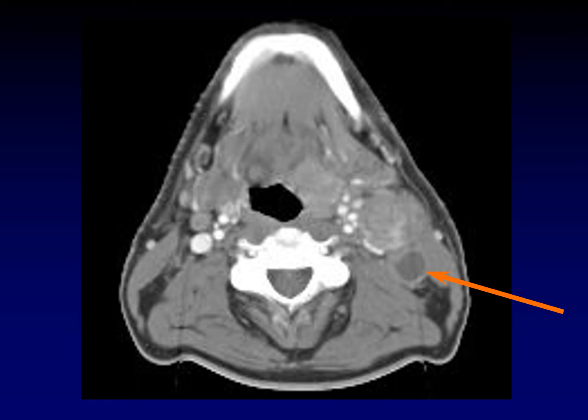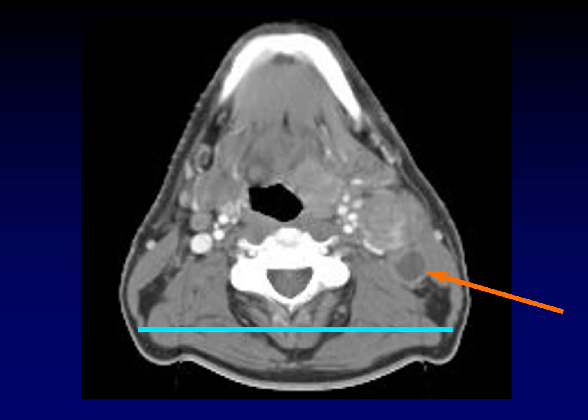How about this guy? He's in the posterior neck, right? So probably a level 5 node. But wait. We said you had to be strictly posterior to the sternocleidomastoid muscle. If you're unsure, draw a line between the posterior edge of one sternocleidomastoid muscle and the posterior edge of the other sternocleidomastoid muscle.